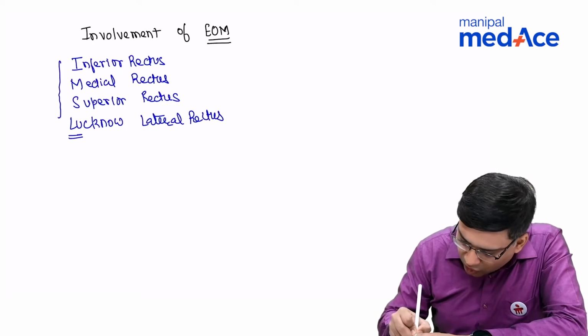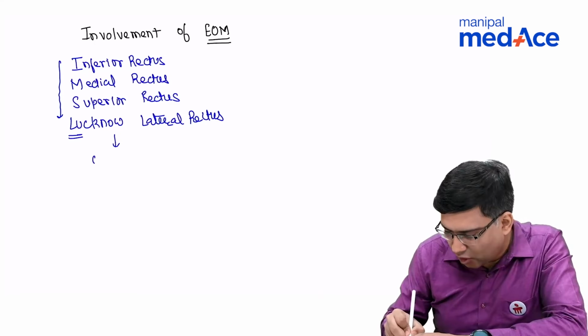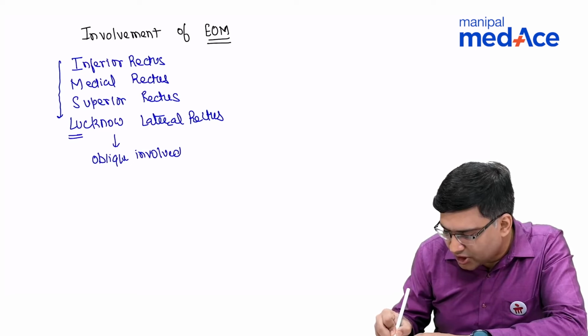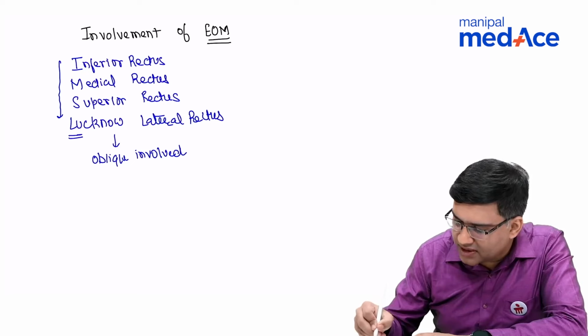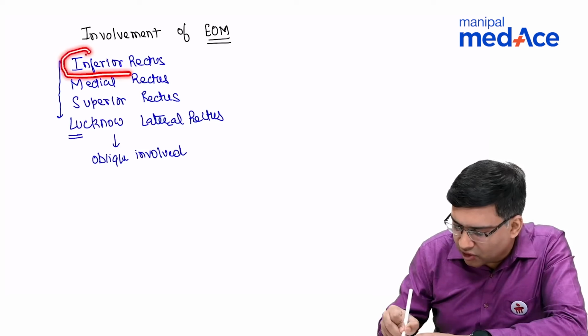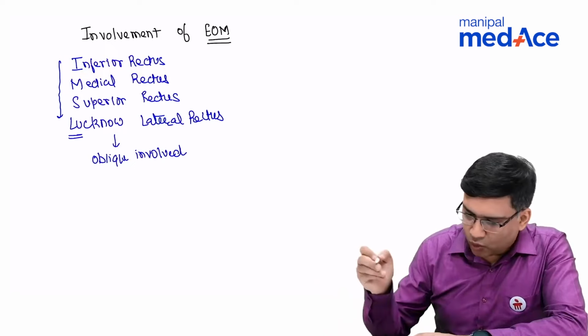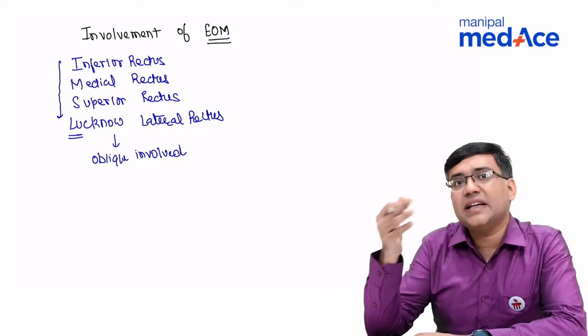Okay, this is the order of involvement of the extraocular muscles, and after this we have oblique involvement. The most common question they ask is which is the first muscle to get involved, and that is your inferior rectus.